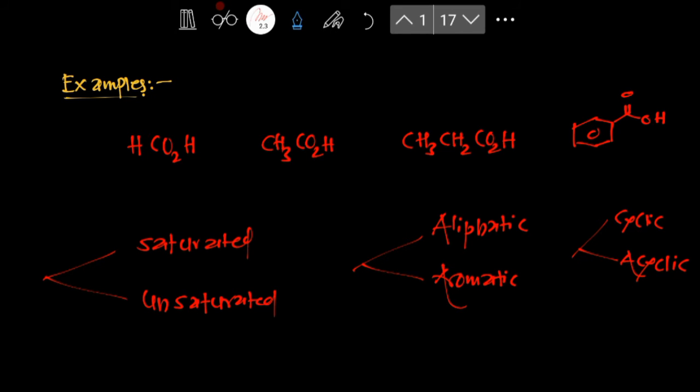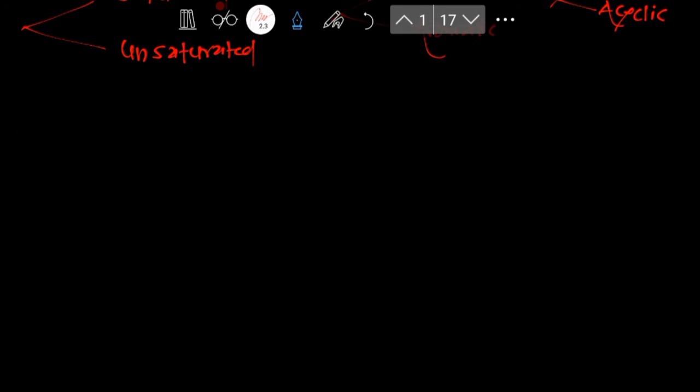Now, what are the physical properties of carboxylic acid? First we will consider the solubility. Carboxylic acids are polar molecules.